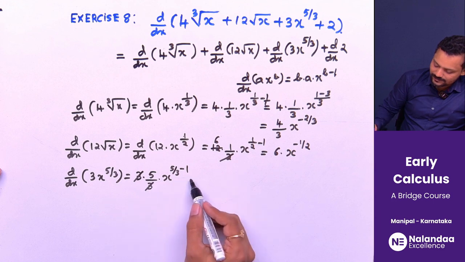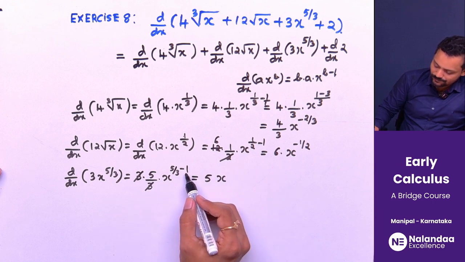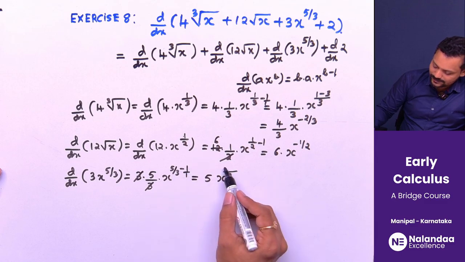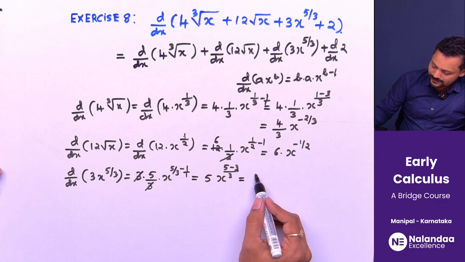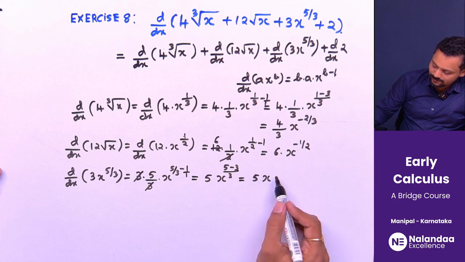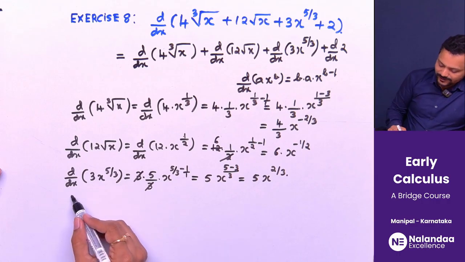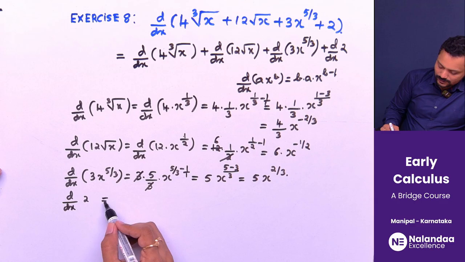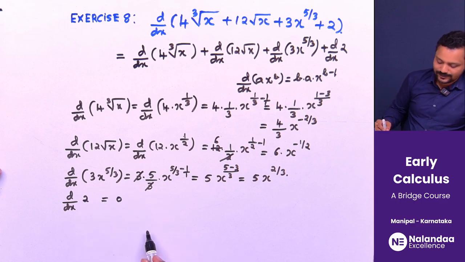So here 3 cancels. So this is 5 into x power. If you take the common denominator here, that is 3, this is 5 minus 3. So this is 5 into x power 2 by 3. And finally d by dx of 2. Now since 2 is a complete constant, d by dx is 0.